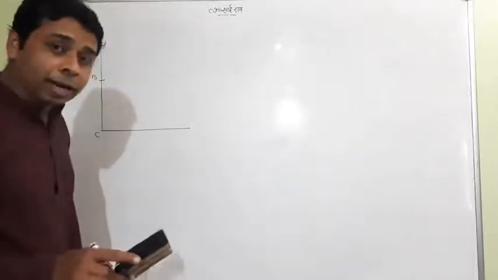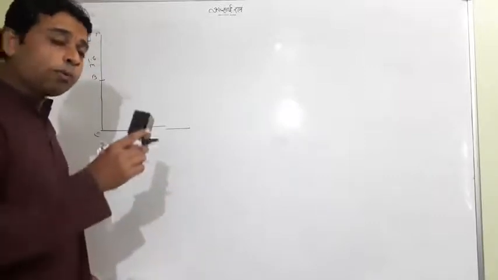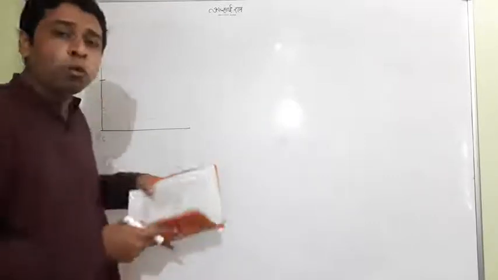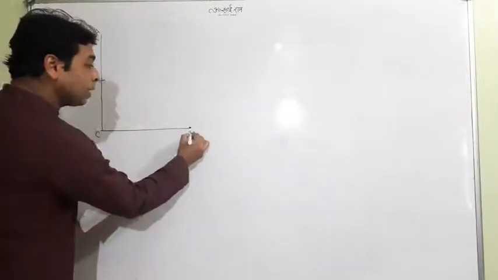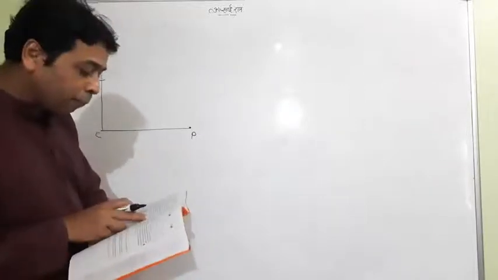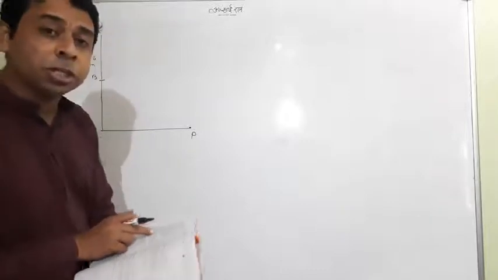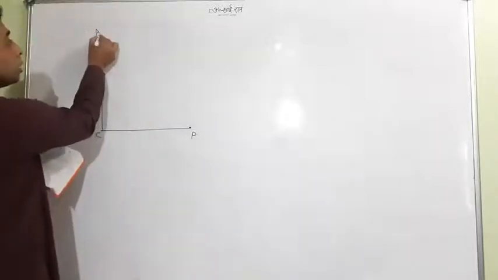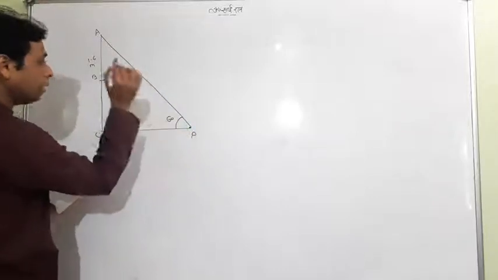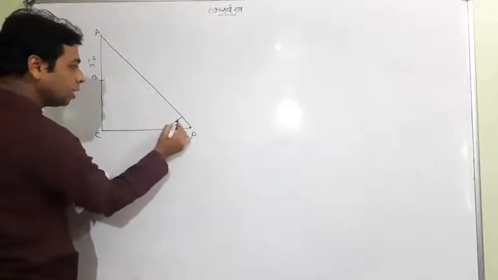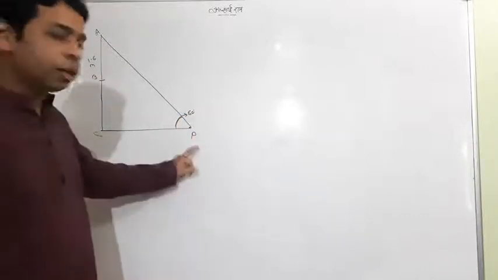The question says from a point. I want to tell you that the word 'from' will definitely help you in making the angle: from a point on the ground. So suppose this is a point on the ground. From the point on the ground, the angle of elevation of the top of the statue is 60 degrees. So this is the top of the statue, and the angle here is going to be 60 degrees.